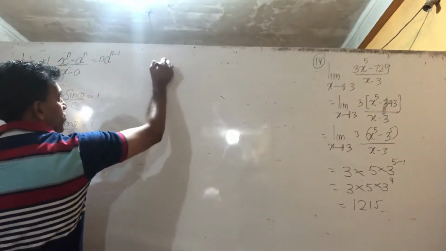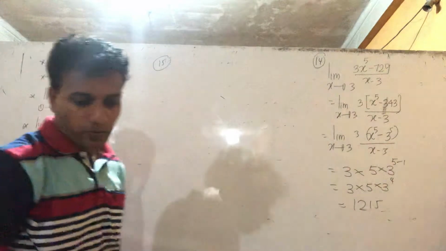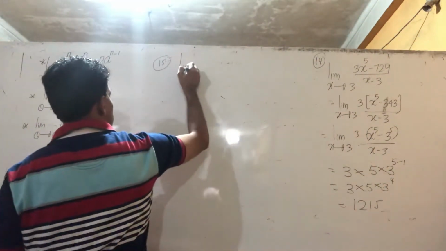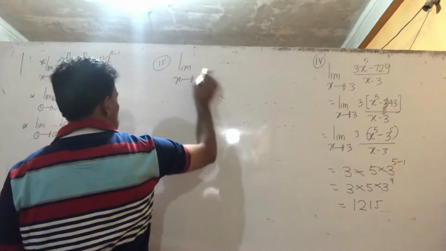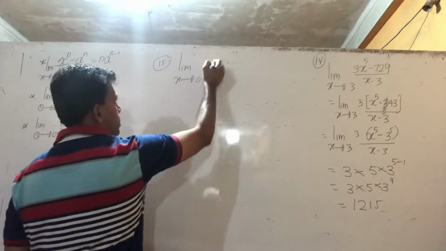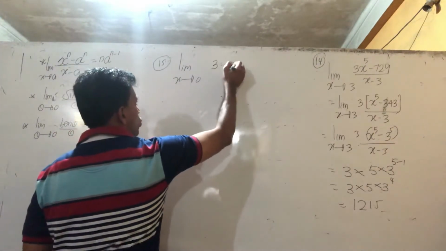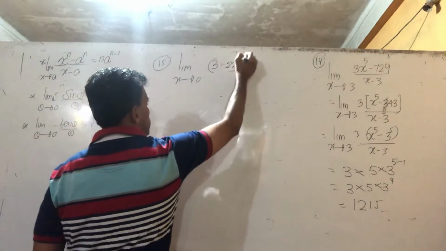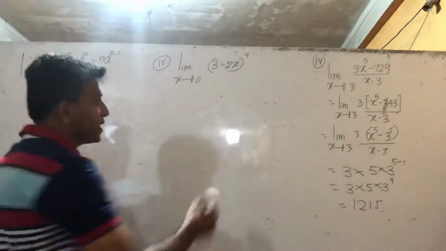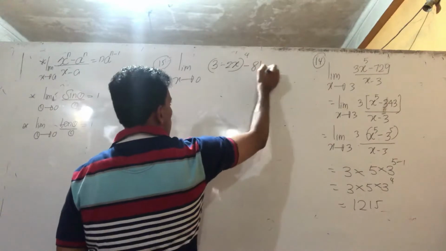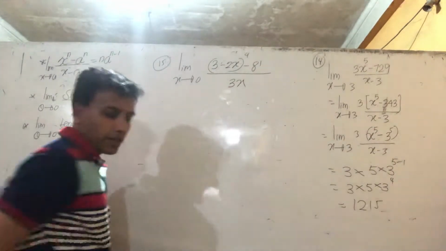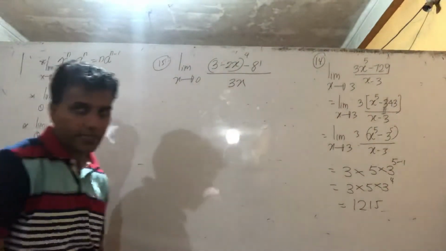Next question, number 15. Limit x tends to 0, 3 minus 2x to the power 4 minus 81 over 3x. See another question using 3 over 3x.